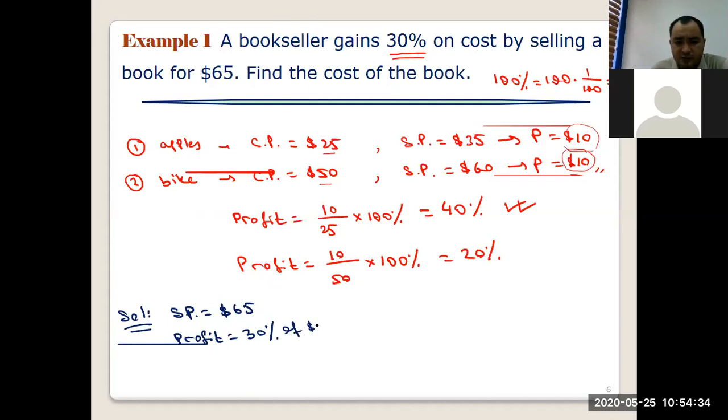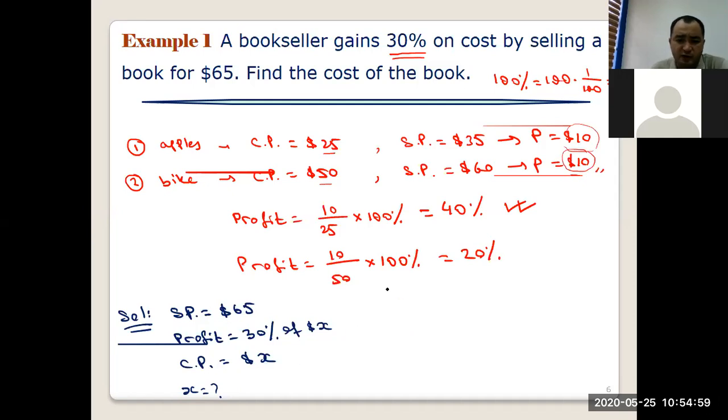Let's say the cost price is X dollars. Selling price, profit, cost price. Find the cost of the book. So we need to find this X. Selling price $65, profit 30% on cost, and cost price is X dollars.